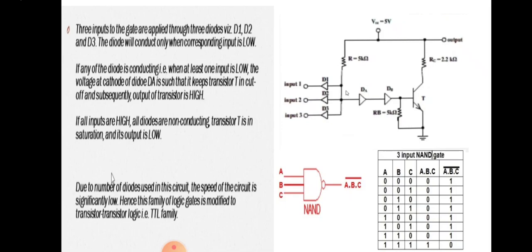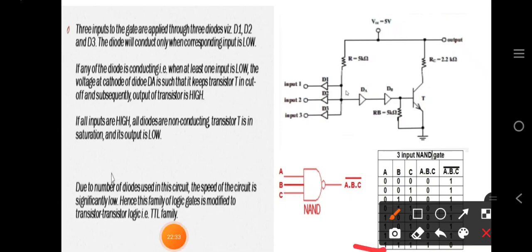Okay, so this condition means what? This is the last condition of the truth table. That is, if all the inputs are high, all diodes are not conducting, transistor T is in saturation region. This is in saturation region, means it will be on and the output will be low. Here you will get the output low.